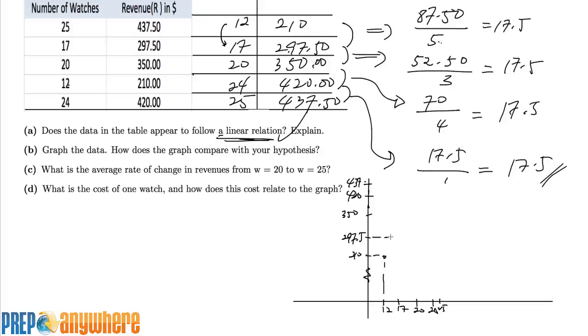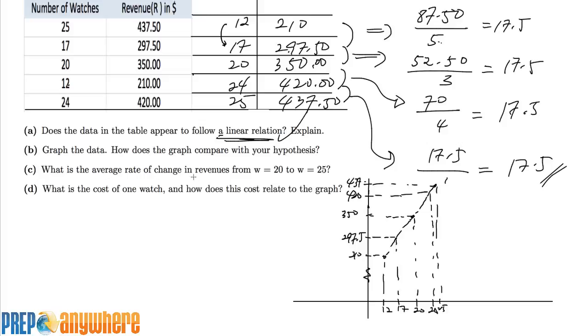When you plot these, I'm not plotting it accurately obviously here, but it has to form a straight line, right? Because slope is consistently the same value. So it will look like that.